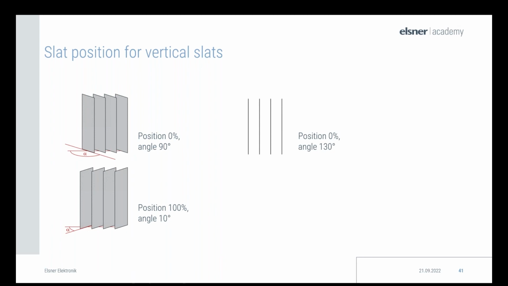Here the angle is 130 degrees at 0% slat position. This must be measured out, for example with a set square or requested from the shading manufacturer. The determined values are then entered again in the parameters in the ETS. You can see them on the below right.